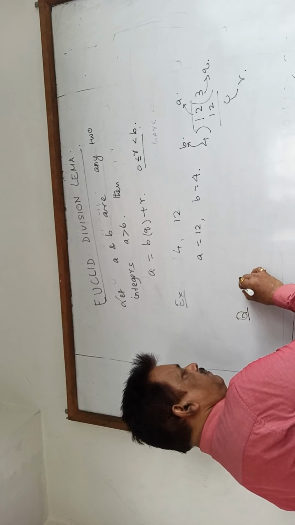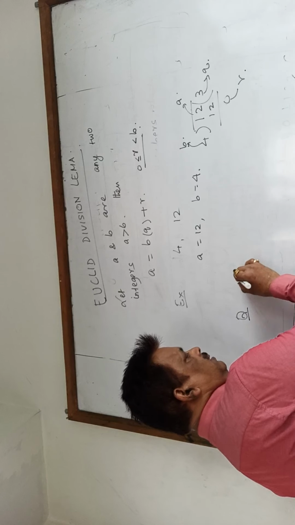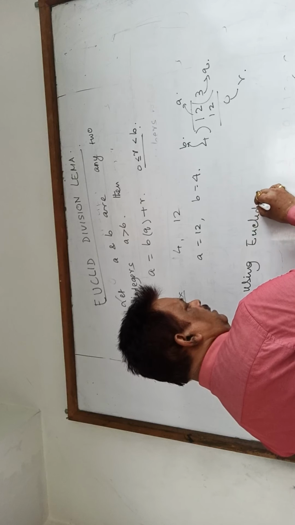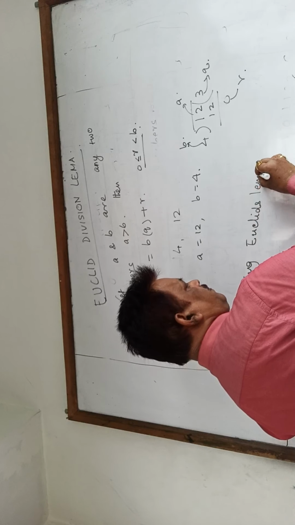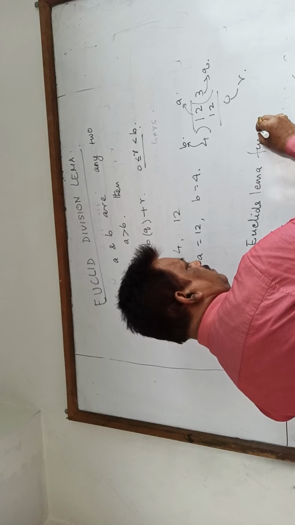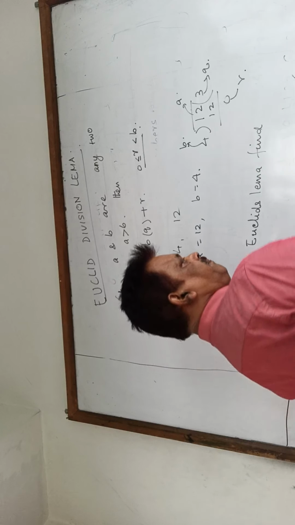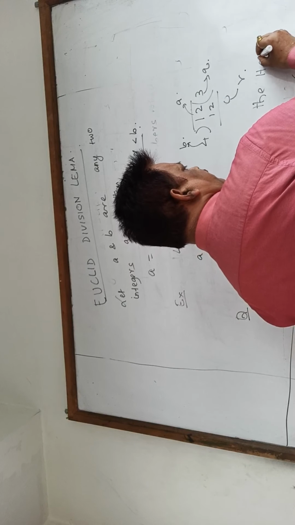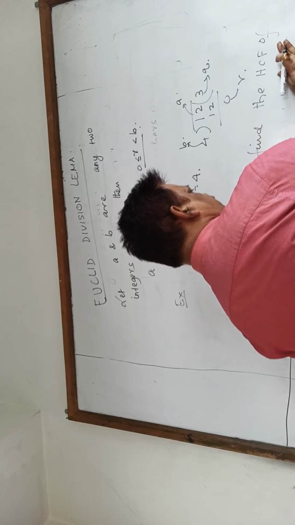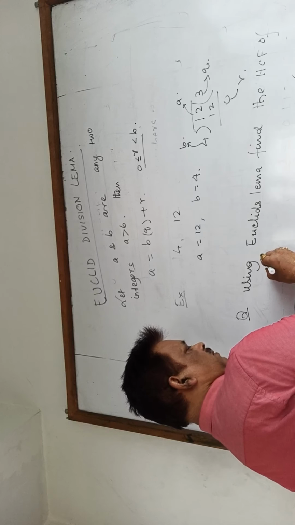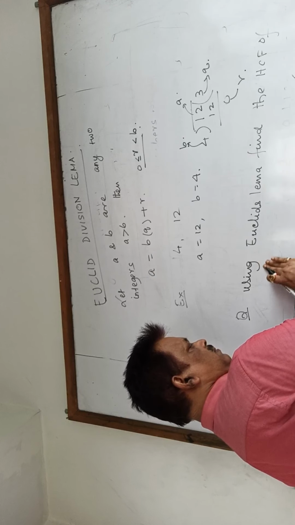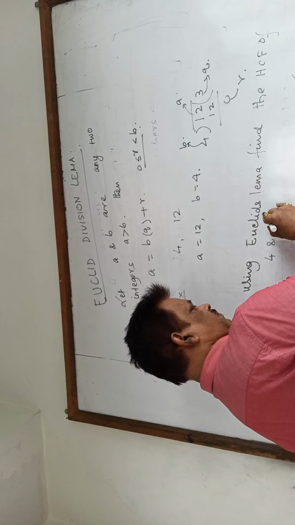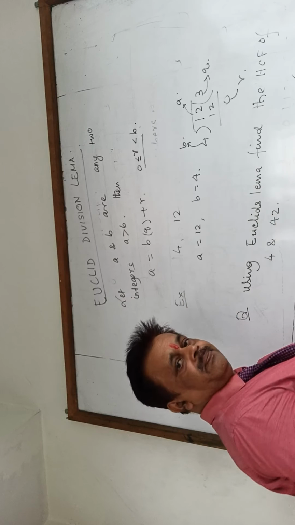Question will be: using Euclid's lemma, find the HCF of 4 and 42.